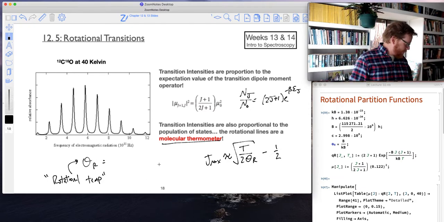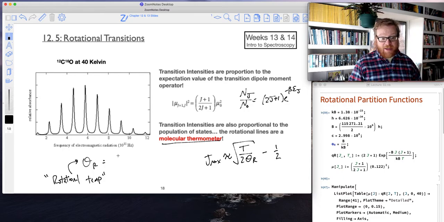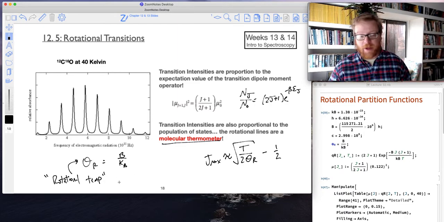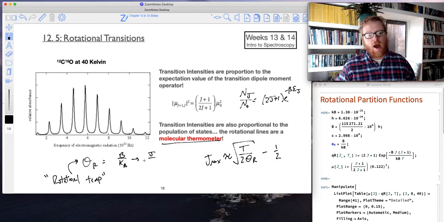Apologies for that mix-up. So the rotational temperature is given simply as B divided by k Boltzmann, where we recognize B is our rotational constant in terms of joules, and k Boltzmann is joules per Kelvin, so the units give us a Kelvin.